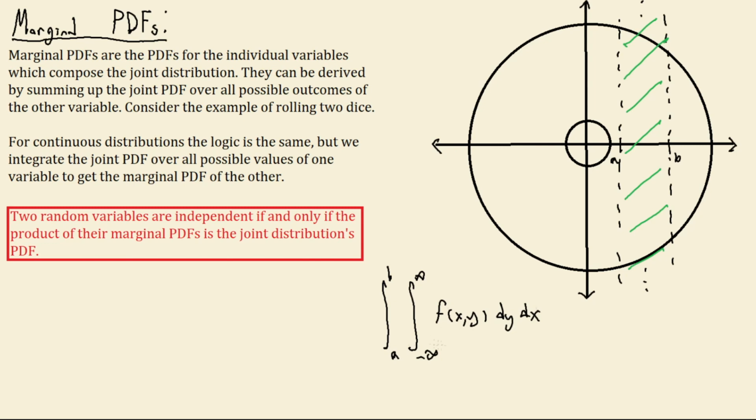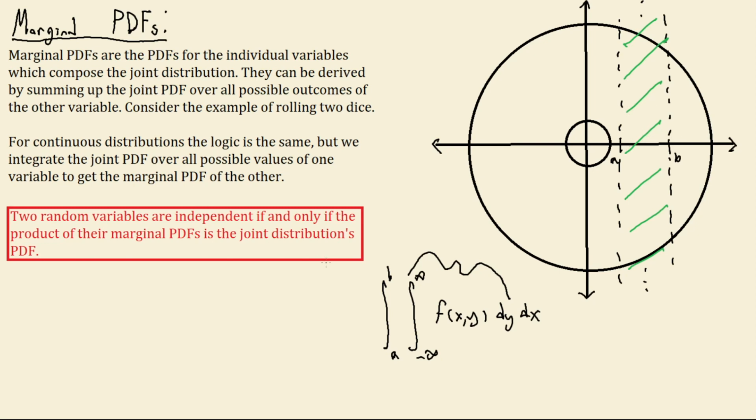And so this expression here, integrating over all possible values of y, we determined that this is going to give us a probability density function for x. And the reason being is, what are we trying to figure out here? Well, we're integrating over the surface, so this is going to give us some probability. And we determined that this is going to give us a probability of the x-coordinate of the dart being between a and b.